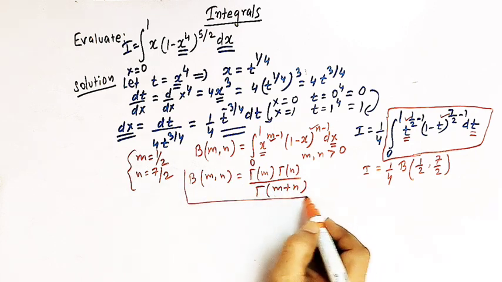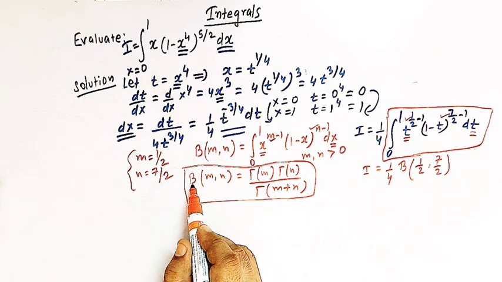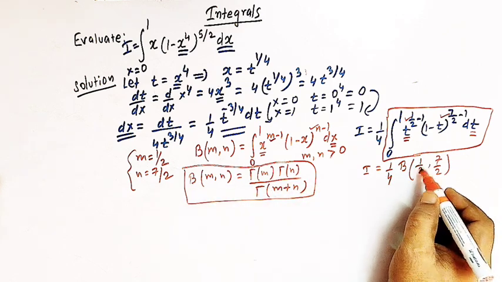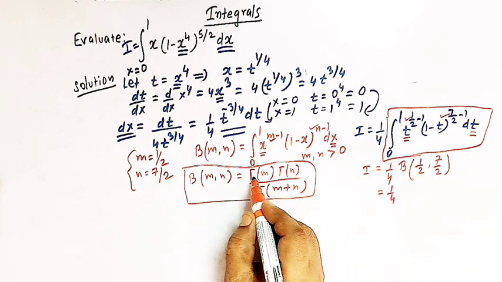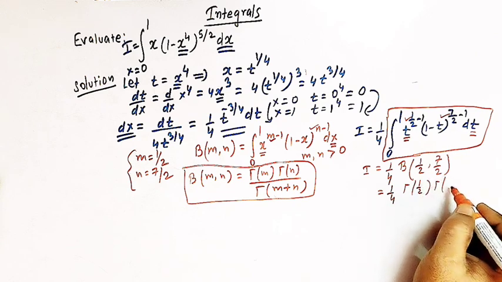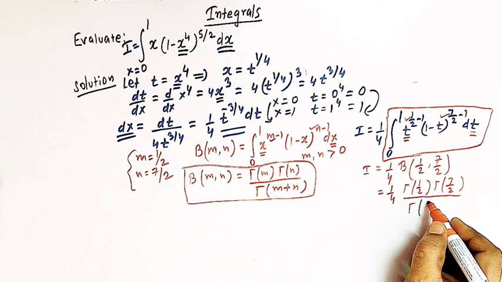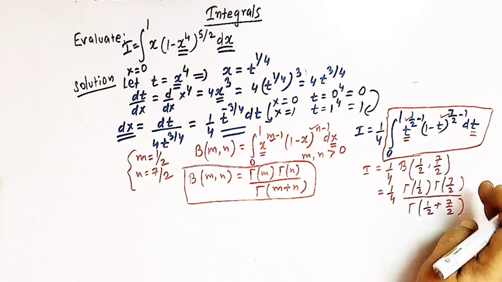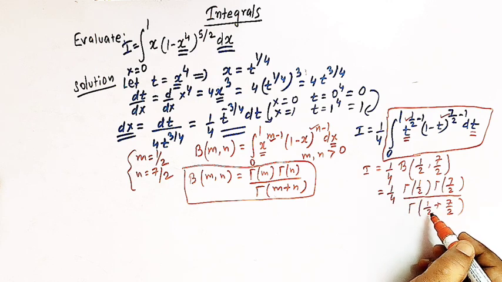So this is an important relation connecting the beta function and gamma function. So here beta of half comma 7 by 2 can now be written in terms of gamma function as gamma of half, then gamma of 7 by 2, divided by gamma of half plus 7 over 2. So now we have to calculate the values of these three terms.